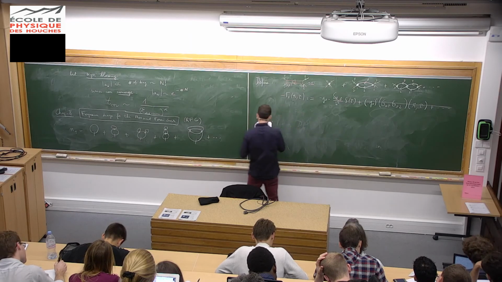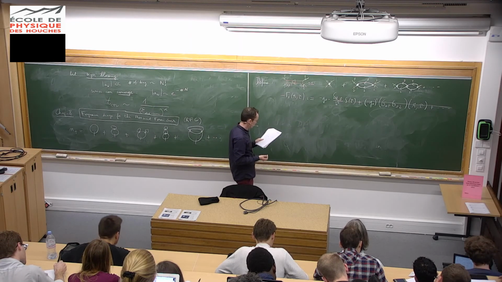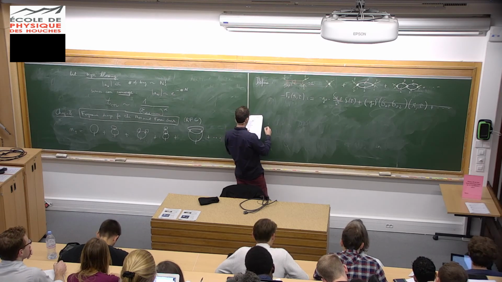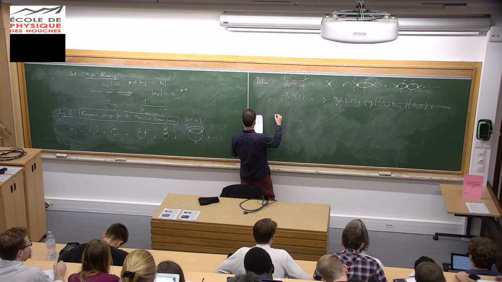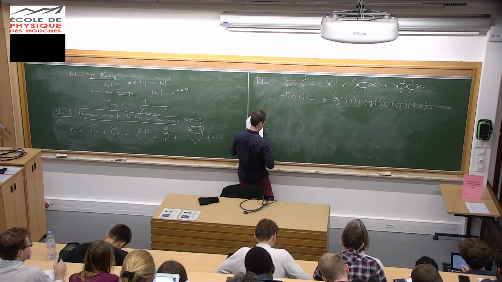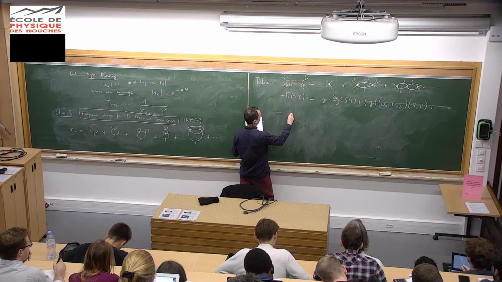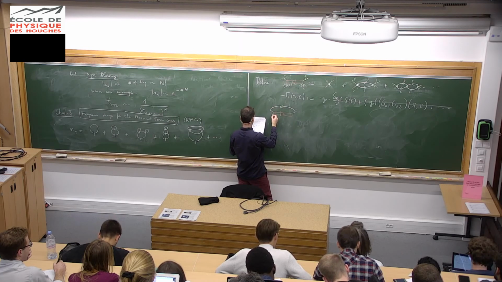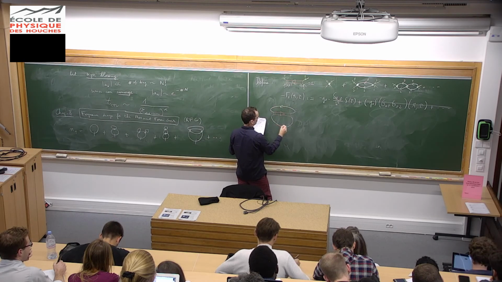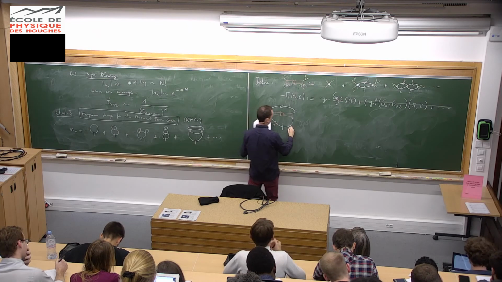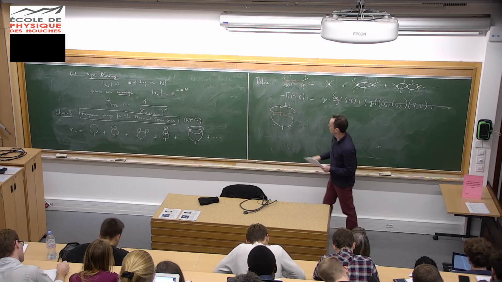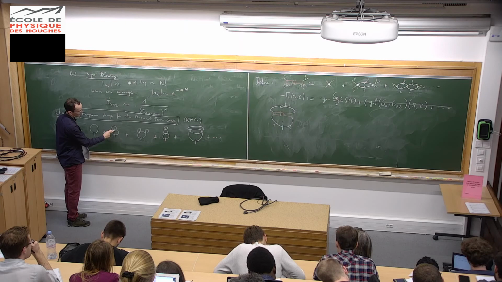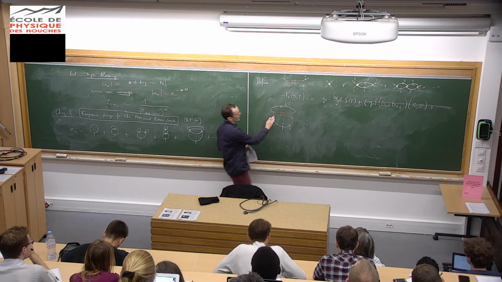So having defined this object, now let's go back to the density. What happens if I draw the following diagram? You see this diagram looks like this one, but I replaced the bare vertex here by this dressed vertex gamma 0.